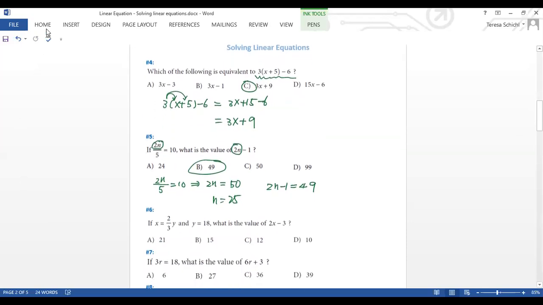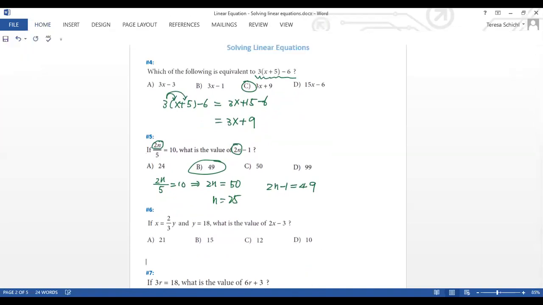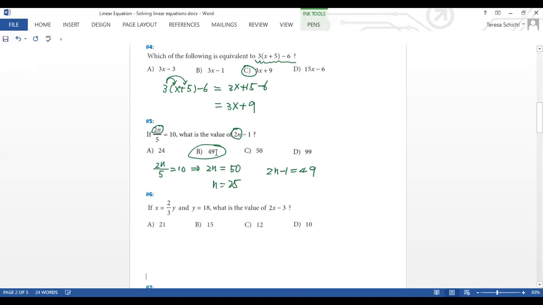Okay, so now let's take a look at these ones here. So the next ones here, if they say that x equal to 2/3 times y, and y equal to 18, then what is the 2x minus 3 here? So for this one, okay, y is equal to 18, right?